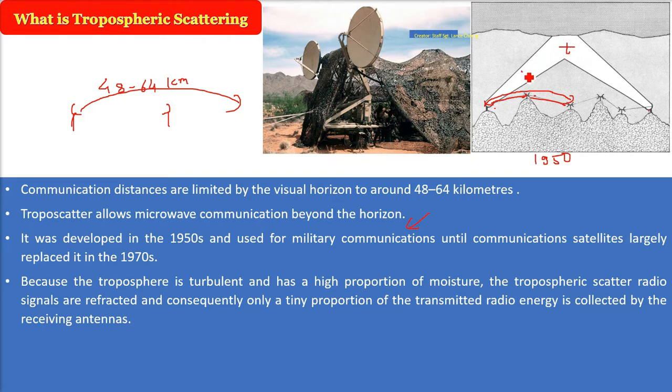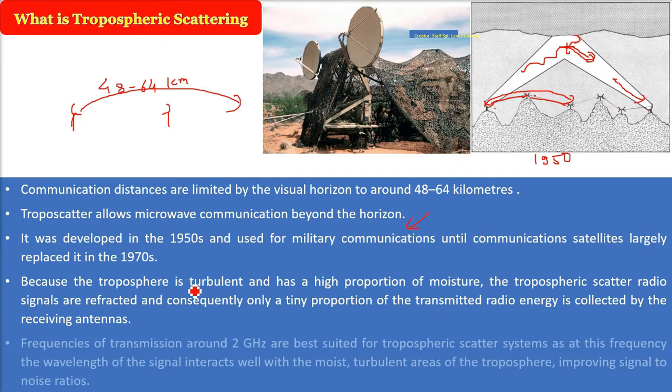The tropospheric scatter radio signals are refracted, and consequently only a very tiny portion of the transmitted radio energy is collected by the receiving antenna. Both antennas need to be very powerful, because we get only a very small amount of energy.